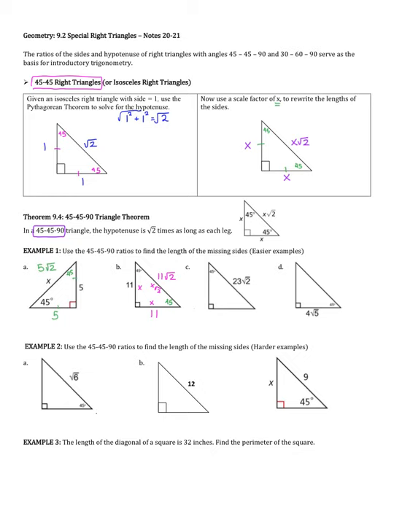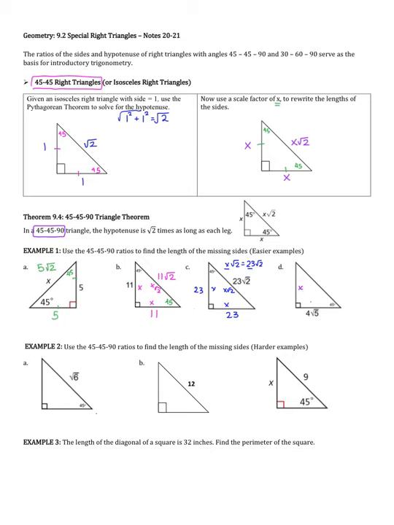Well, over here, now let's write those ratios on the inside. x, x, x rad 2. So I notice here that x rad 2 equals 23 rad 2. That must mean that x is 23. So you can sometimes solve for the unknown by letting the side equal its ratio.